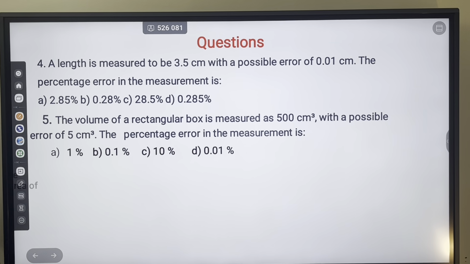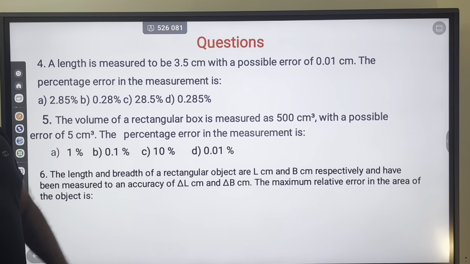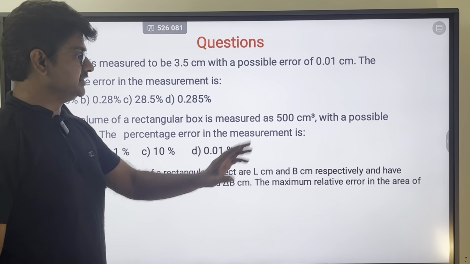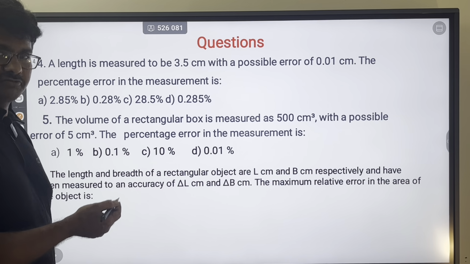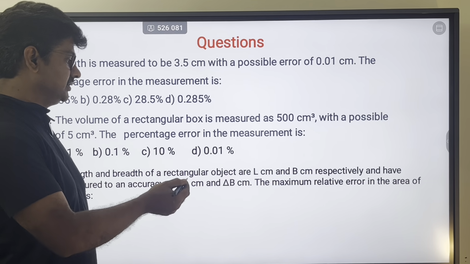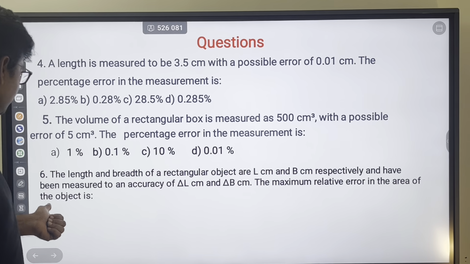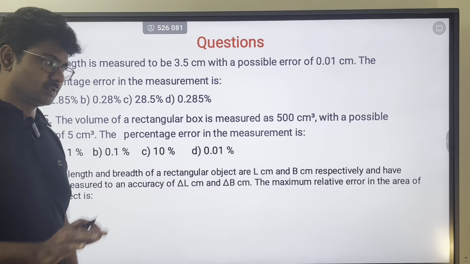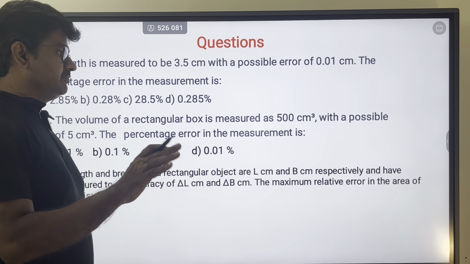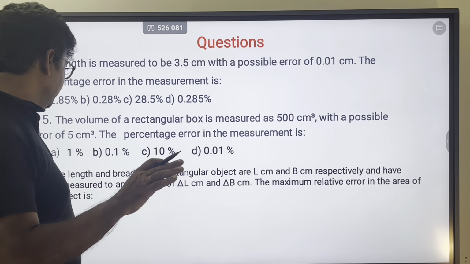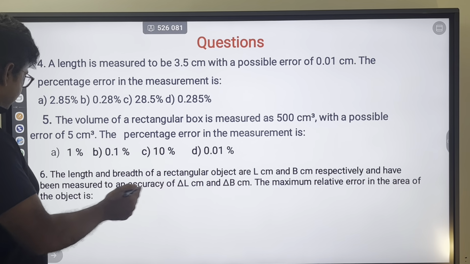Next question. The length and breadth of a rectangular object are L and B centimeters respectively and have been measured to an accuracy of delta L and delta B centimeters. The maximum relative error in the area of the object is? So it is logical now.